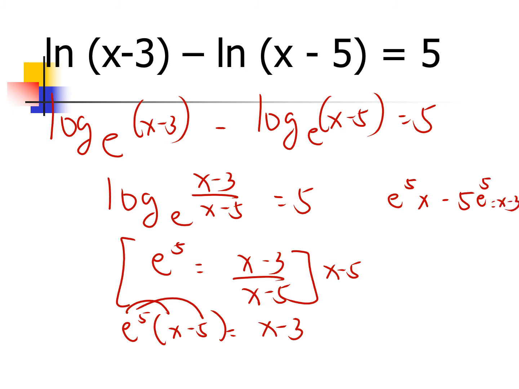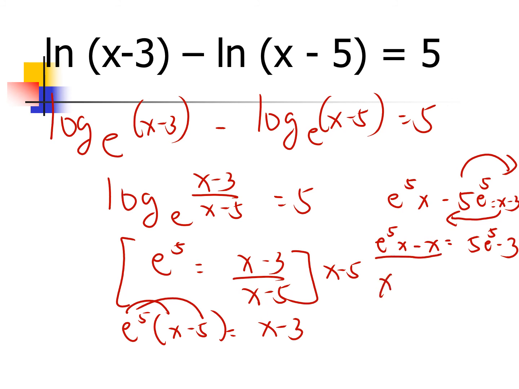So now, simplifying this, we're going to combine like terms. Lahat ng may x nandito sa kabila at lahat ng walang x sa kabila. So, therefore, it will be e raised to 5 times x minus x is equal to 5 e raised to 5 minus 3. So, now, pwede natin itong i-factor using common monomial factor.